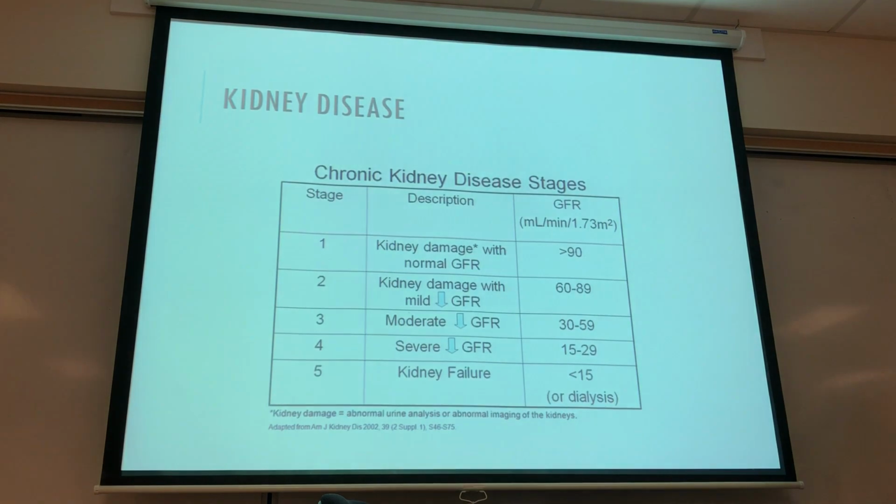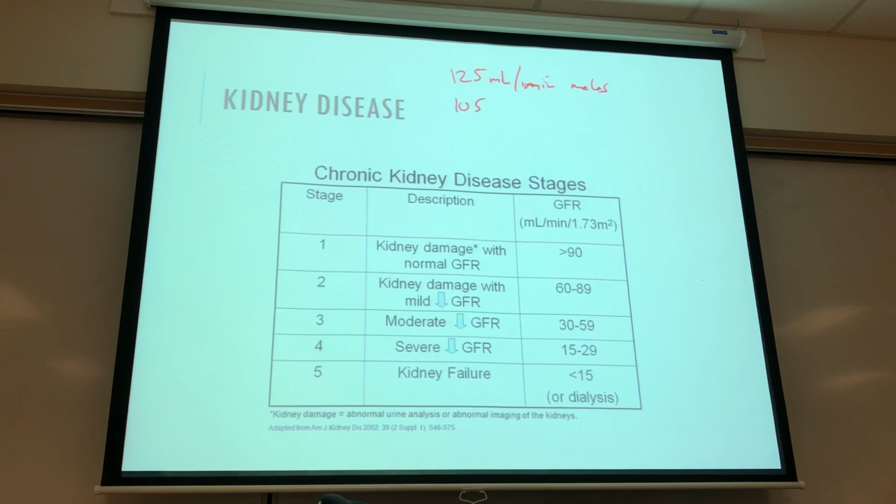GFR is one of the values that we're looking at in terms of kidney function. The normal GFR for men is about 125 milliliters per minute. In females, it is about 105.